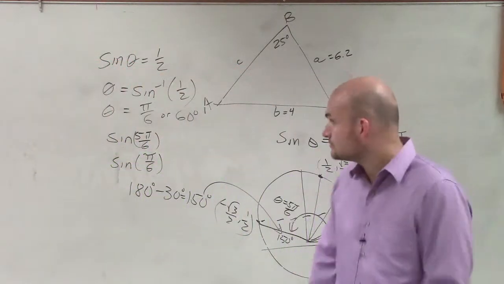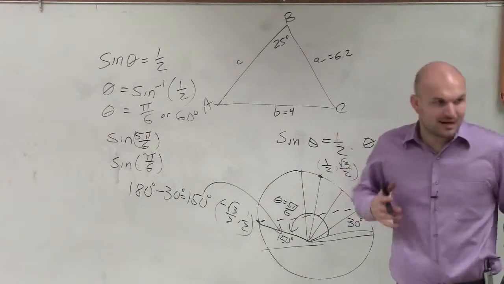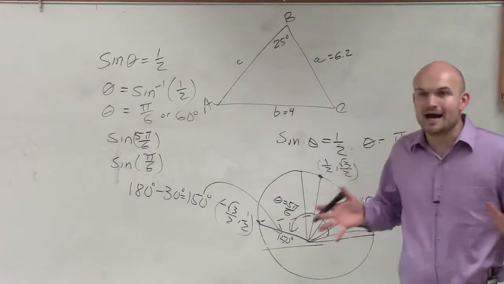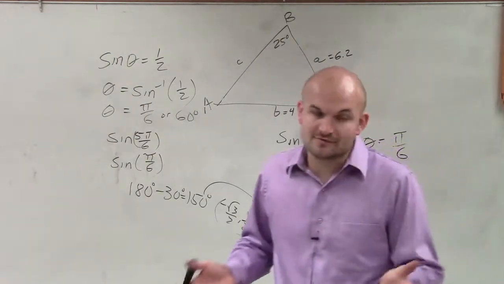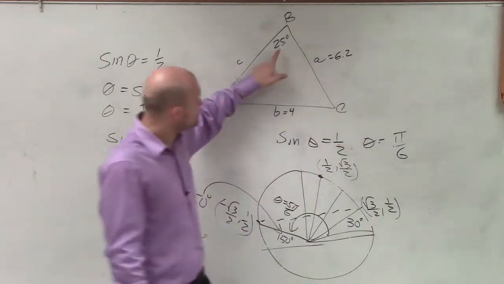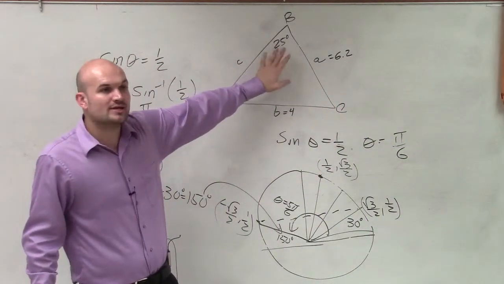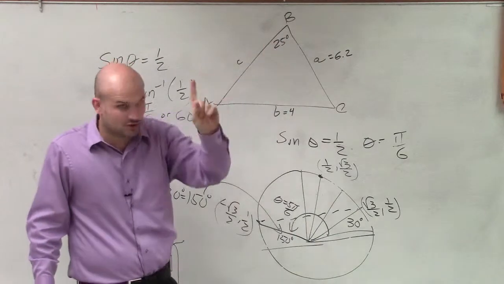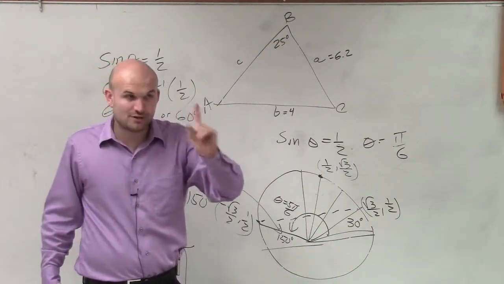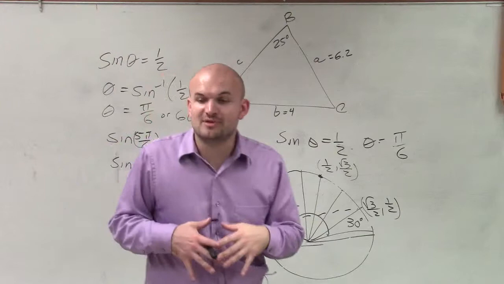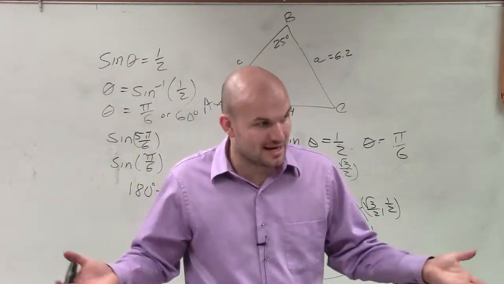All right? So the issue I want to bring to you guys is, why is there a possibility for us to have two cases? Because, ladies and gentlemen, anytime you have one acute angle, you are now going to be finding one of the other angles, right?